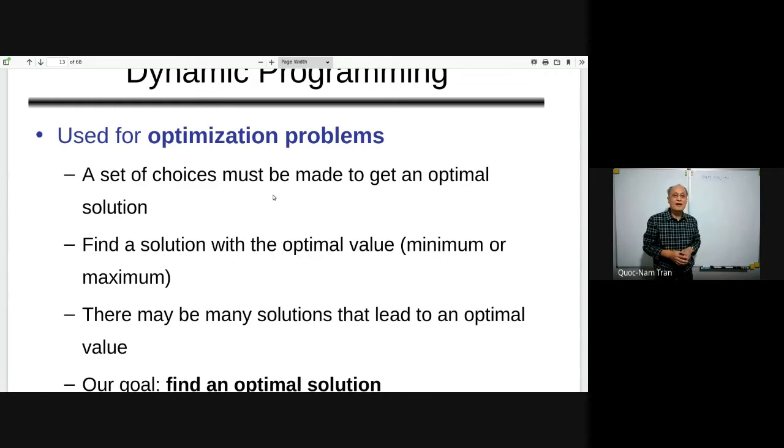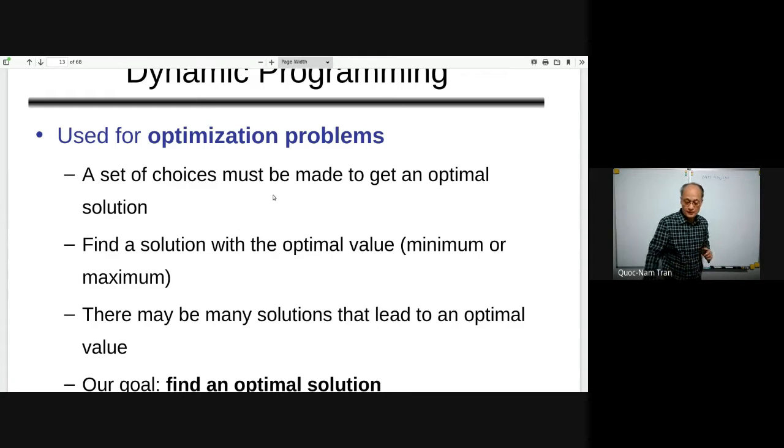Instead of recalculating some parts of the data again and again, we will memorize or record the results of the small pieces and build the result of the bigger piece based upon the recorded data.